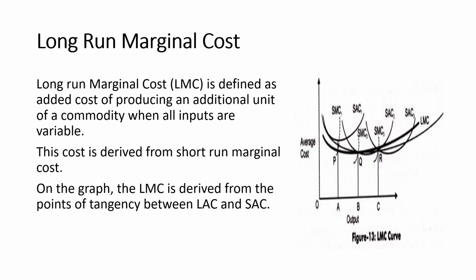On the graph you can see the short run marginal cost curves, and their minimum points are joined in order to arrive at the long run marginal cost. This LMC is derived from the points of tangency between LAC and SAC, that you have to understand.